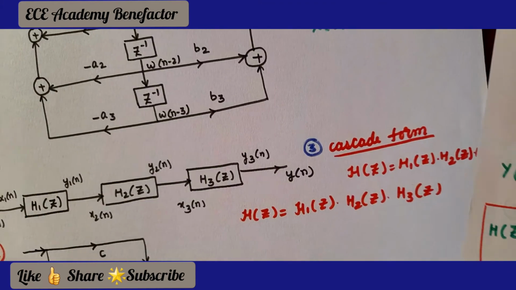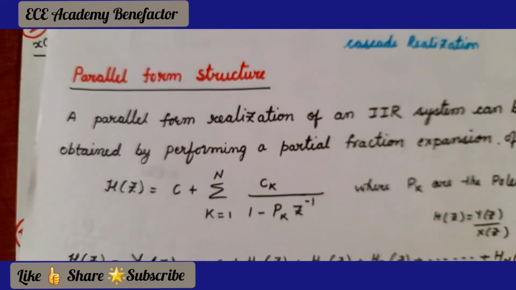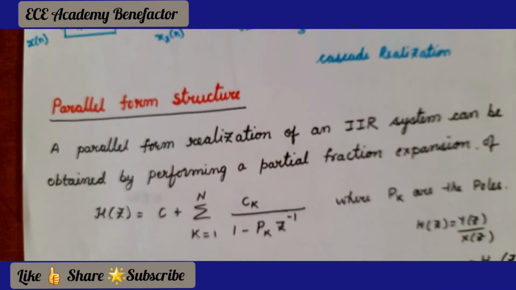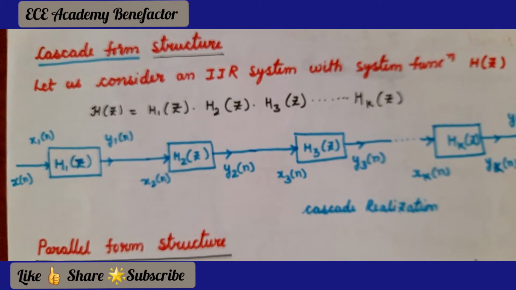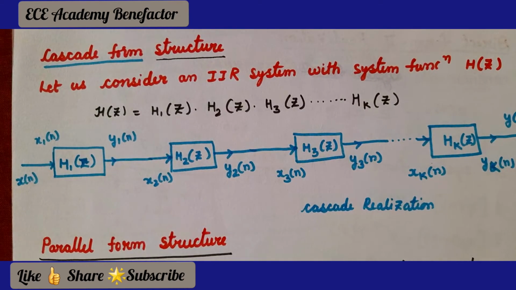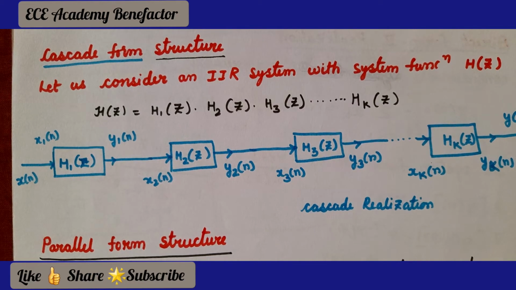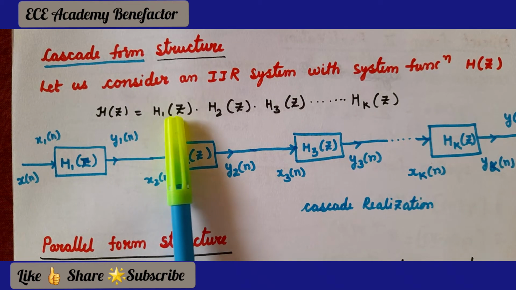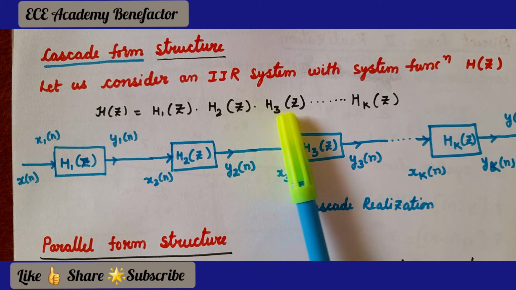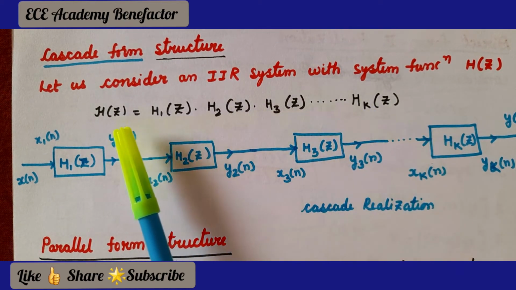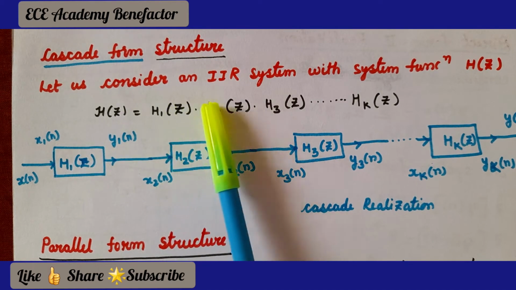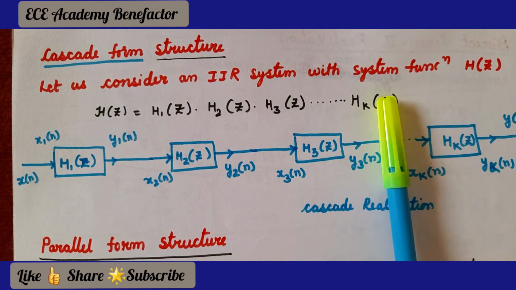Now coming to cascade form, the cascade structure. Let us consider an IIR system with the system function H(z) in this form: H1(z) times H2(z) times H3(z) till Hk(z).